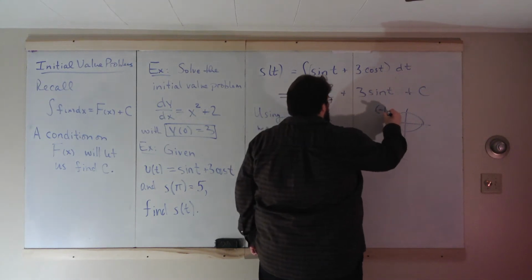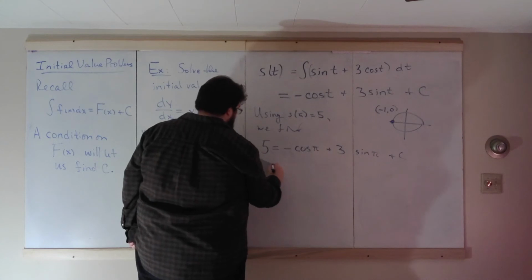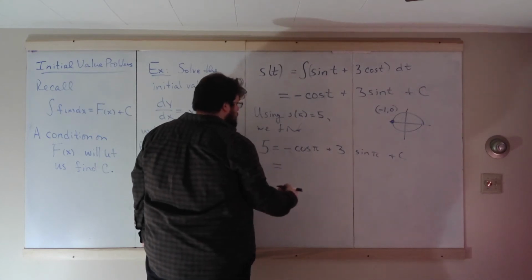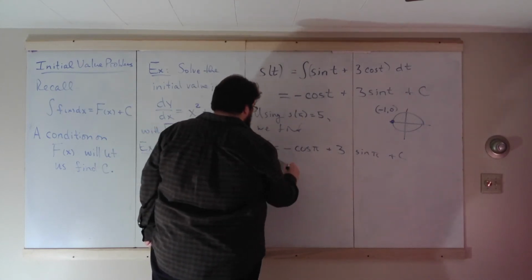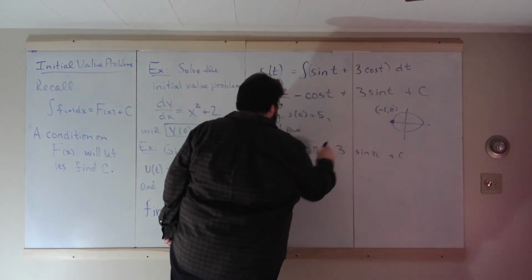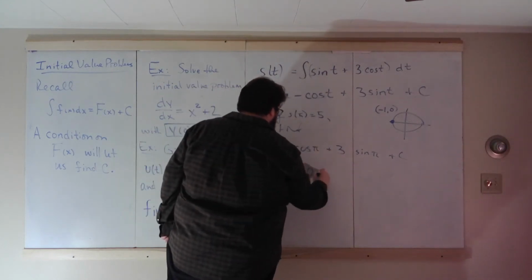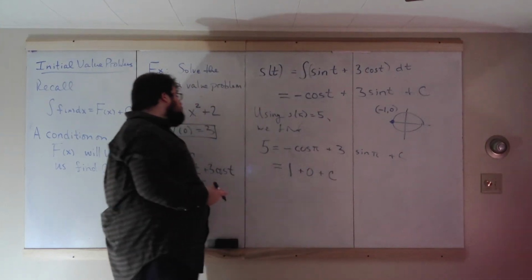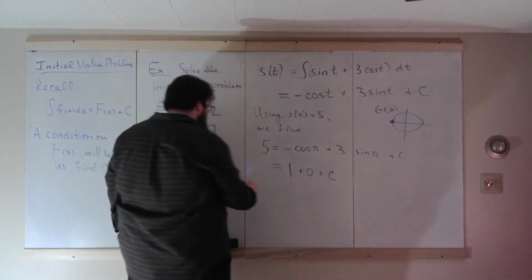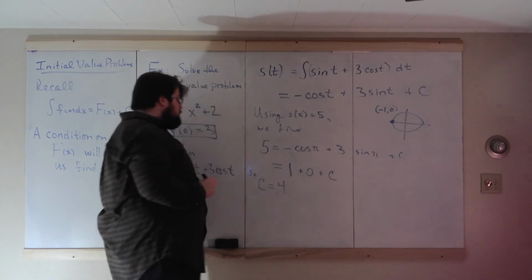That's point negative 1, 0. Cosine of pi is negative 1. So negative cosine of pi is negative negative 1, which is 1. Sine of pi is 0. So we have negative negative 1 plus 0 plus c. So 5 equals 1 plus c. So c equals 4.